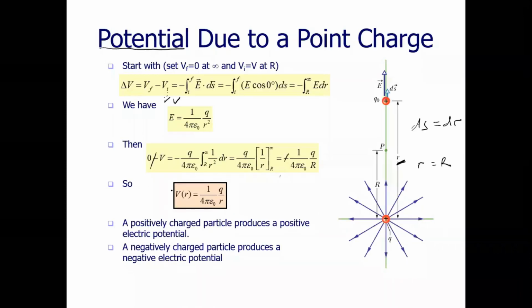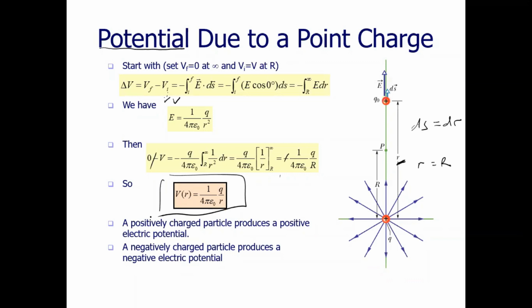So you have this as the expression for the electric potential produced at a given point r due to a point charge. One thing that we can note is that a positively charged particle produces a positive electric potential, and a negatively charged particle produces a negative electric potential.